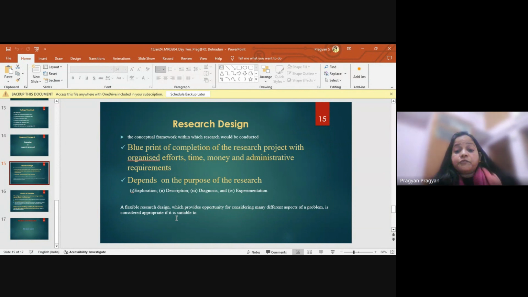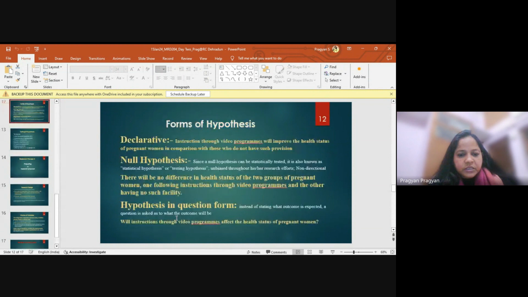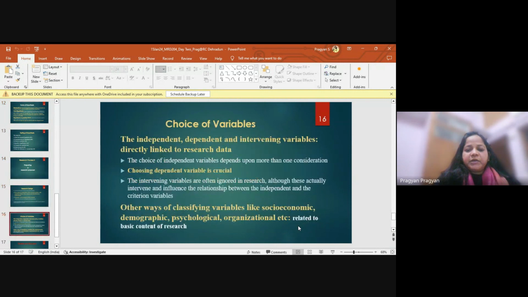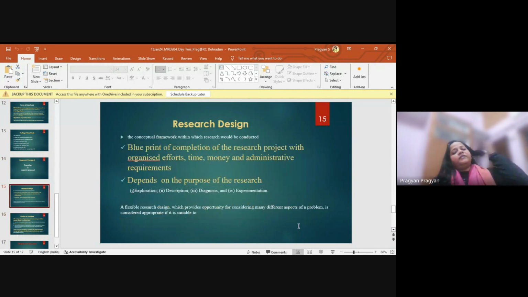Like what we were talking about when we were talking about forms of hypothesis. Let's go back to that particular slide so that you can understand. In our hypothesis in question form, we have written, will instructions through video programs affect the health status of pregnant women? That means, for our understanding of experimental research design, what can we do?